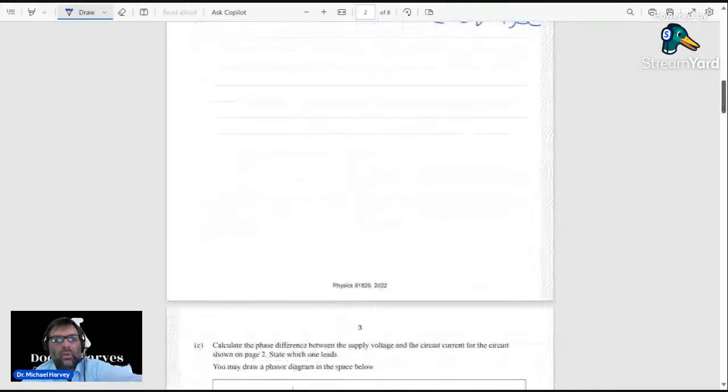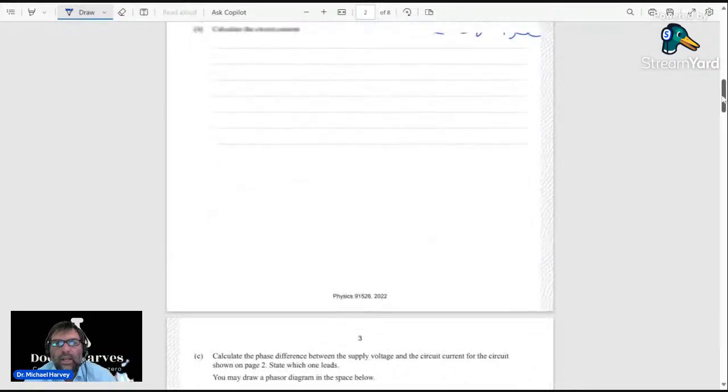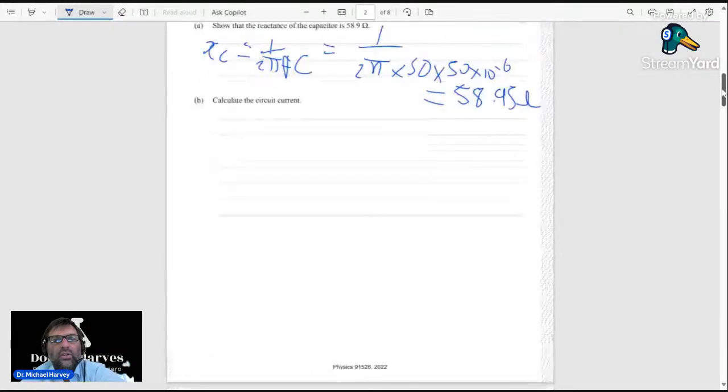Right, next. B, calculate the circuit current. This is where you're using your trigonometry.